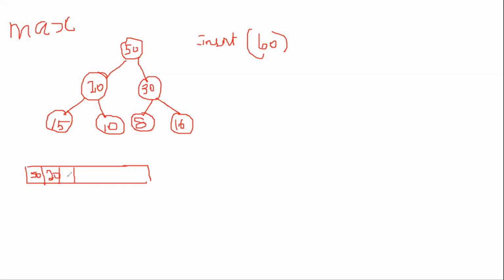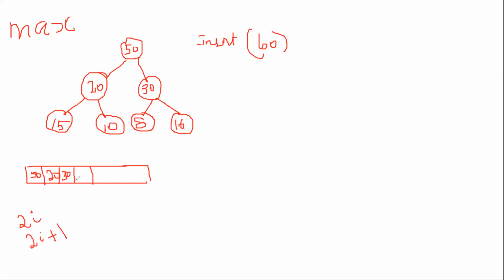You know the binary tree property: 2i for the left child. If we want to know the right child for the given element, it is 2i plus 1.